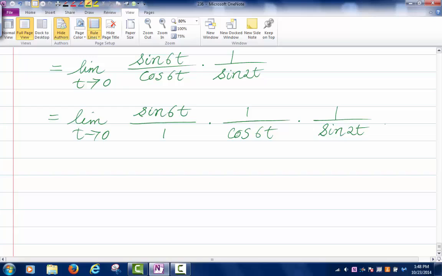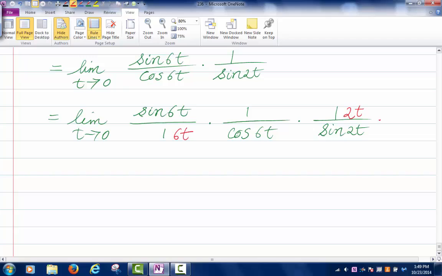And then in order to use the fact that the limit of sine theta over theta is 1, we need a 6t in the denominator here, we need a 2t in the numerator here. If I had 6t and 2t like this, I could have said that the limit of the first ratio is 1, limit of the third ratio is 1 as well.